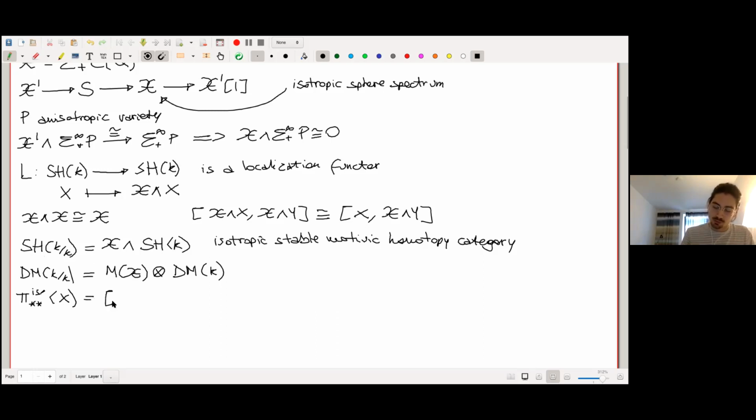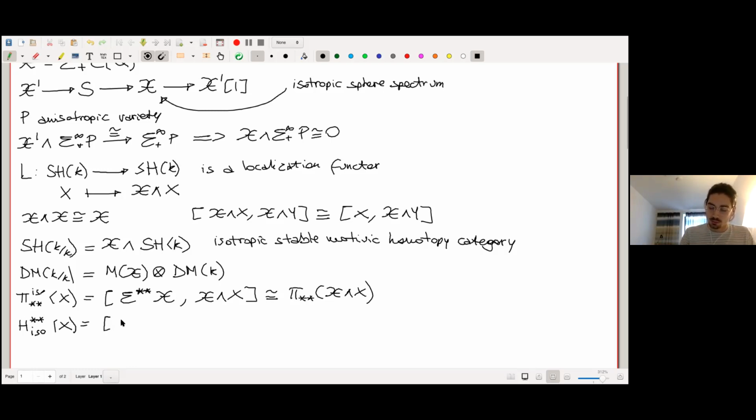These are just maps from a suspension of chi to X. Since smashing with chi is a localization functor, this is the same as the usual stable motivic homotopy groups of chi smash X. We can also define isotropic motivic cohomology, always with Z/l coefficients in this talk.